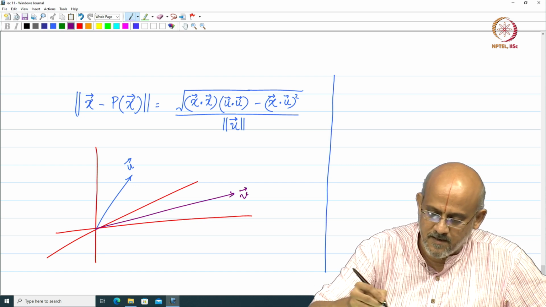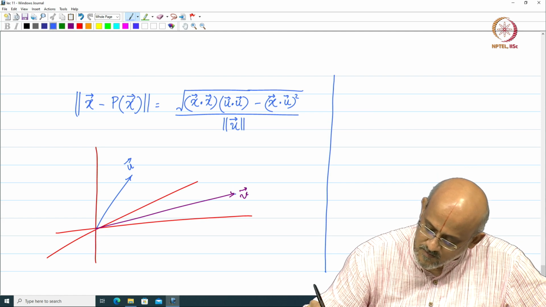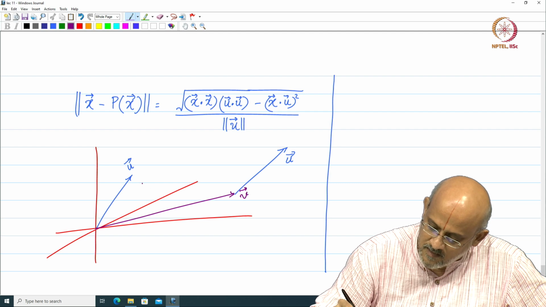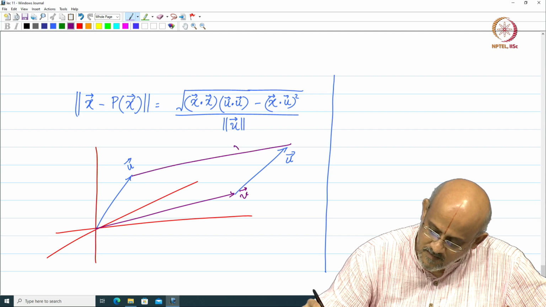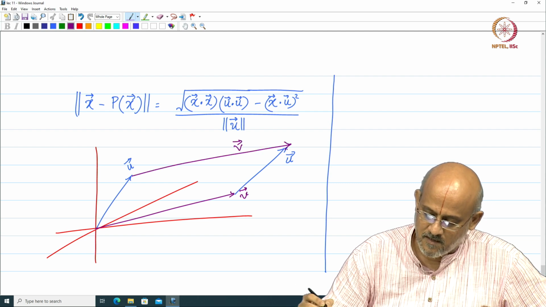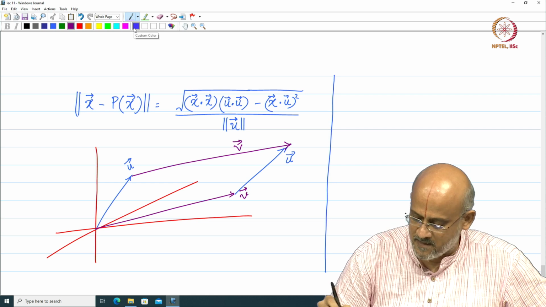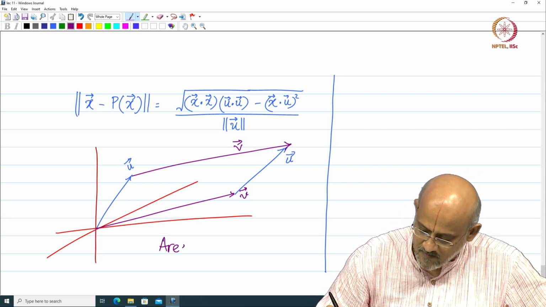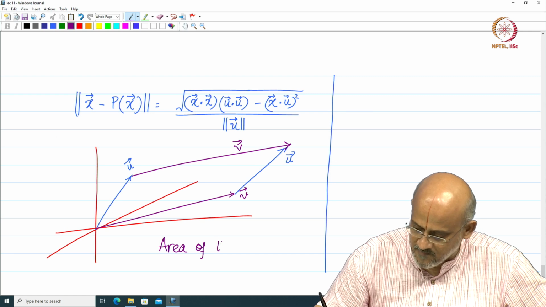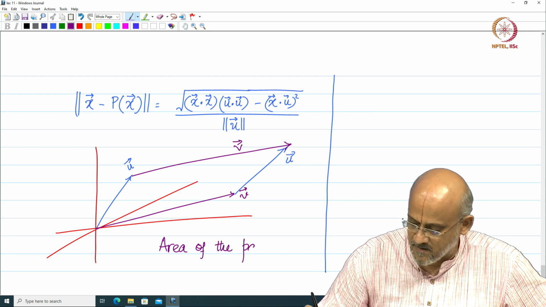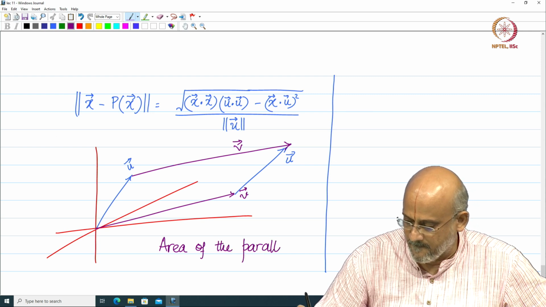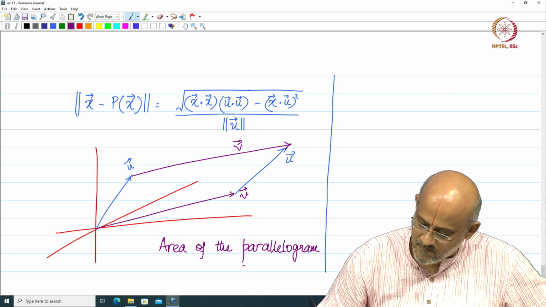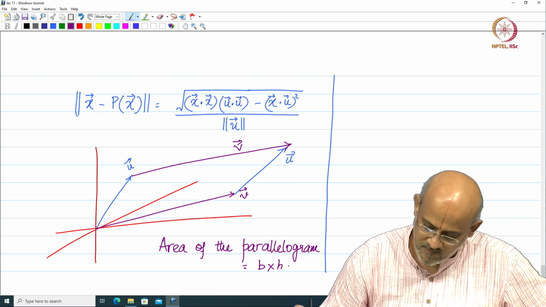Now, we can complete the parallelogram here. This is going to be the vector u again, and that is the vector v. I want to find the area of this parallelogram, which is given by base into height, which we all know.